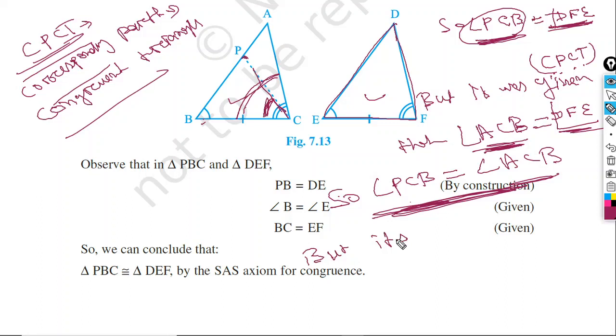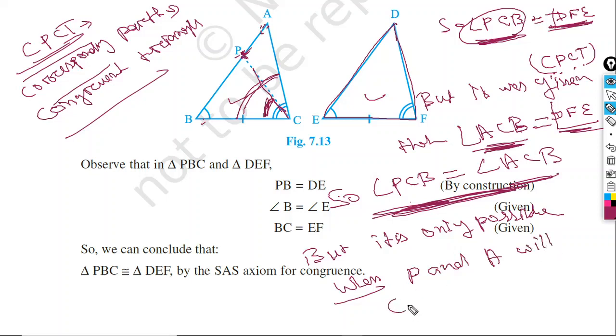So angle PCB equals ACB, but it is only possible when P and A coincide. Only when P and A coincide. Therefore P and A coincide.